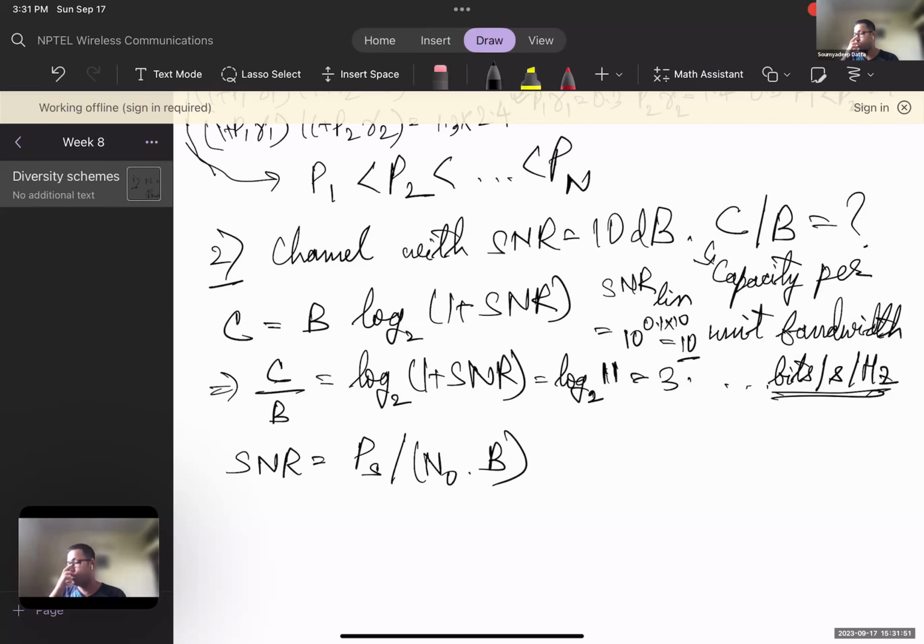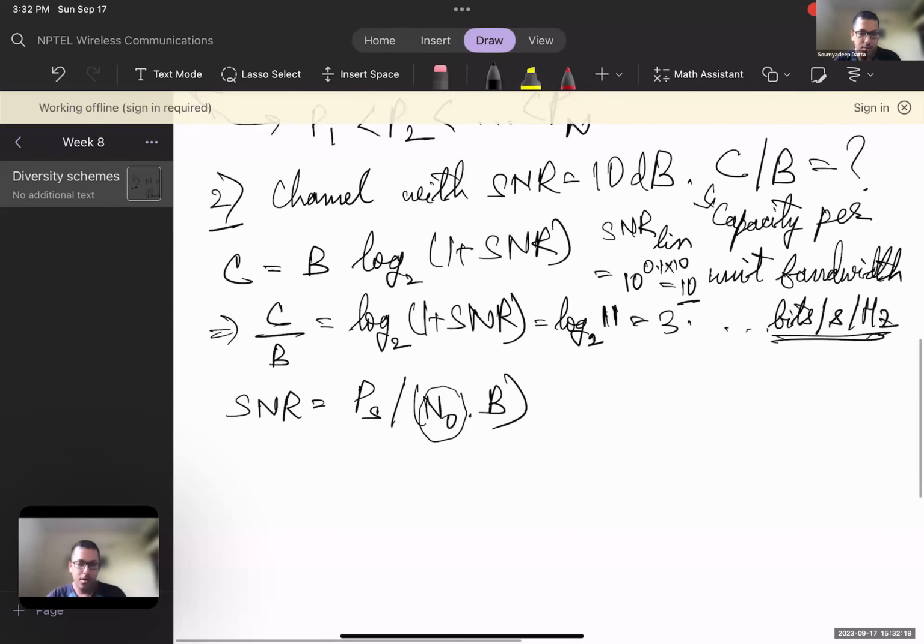So bandwidth becomes very important, even in SNR. Sometimes you are provided the value of N naught, the noise variance, in per unit bandwidth value. So you have to multiply it with the bandwidth. Okay.